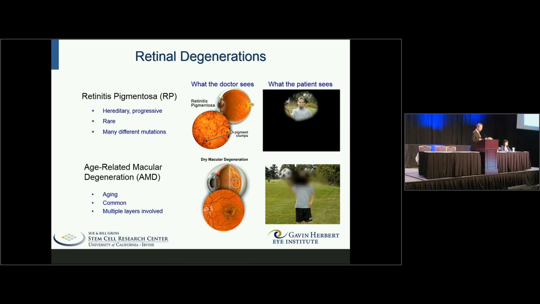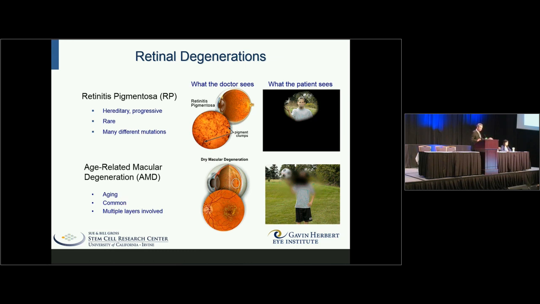In contrast, dry macular degeneration, shown below here, is basically the opposite, showing light pigmentary changes in the macula with the periphery being spared.